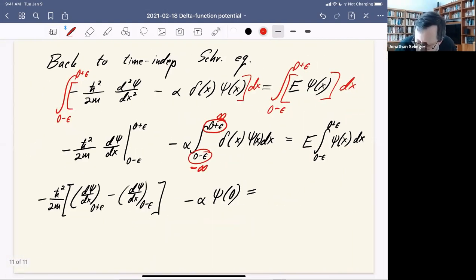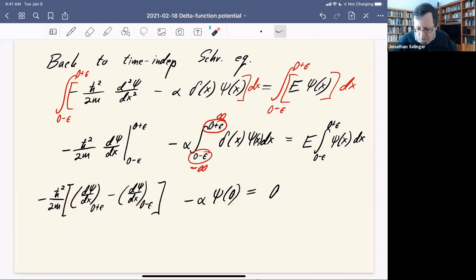So in the limit of small epsilon, that integral is just 0. So this equation then gives us some information that relates the derivatives of psi to psi itself.